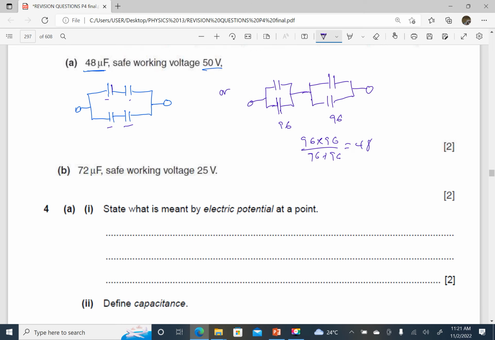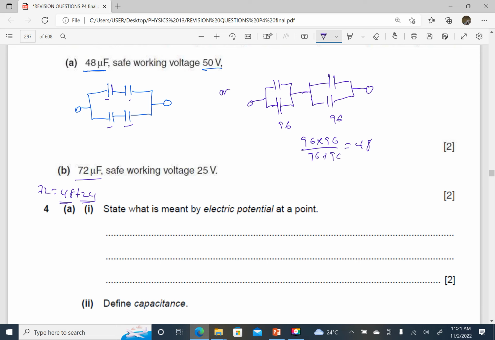Okay, next we have 72 microfarads. Safe working voltage is 25, and therefore you should not go beyond 25 volts across one capacitor, and the total capacitance should be 72. You notice that 72 is the same as 48 plus 24. That means we need capacitances giving us 48 in parallel with others giving us 24.